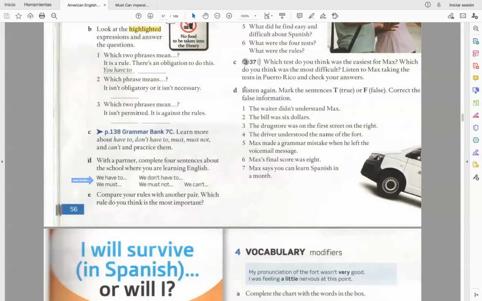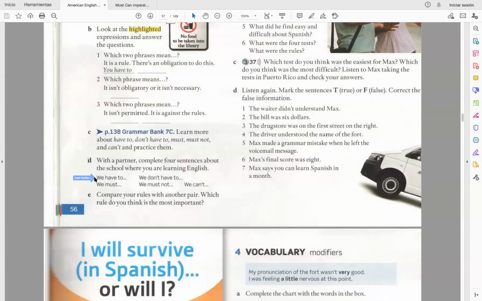All right, so in the first 2, we have to and we must, which are obligations, we had to think about the university, okay? So we have to. Any volunteer? Janita?